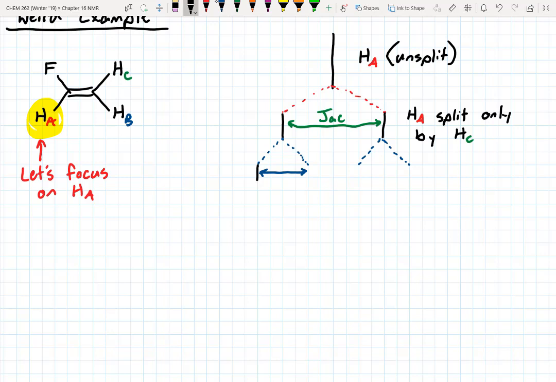It's going to be 1 unit tall, 1 unit tall, 1 unit tall, 1 unit tall. Each of these is going to be split to the same degree, and we'll call this JAB. And we'll make a note down here that this is HA further split by HB.